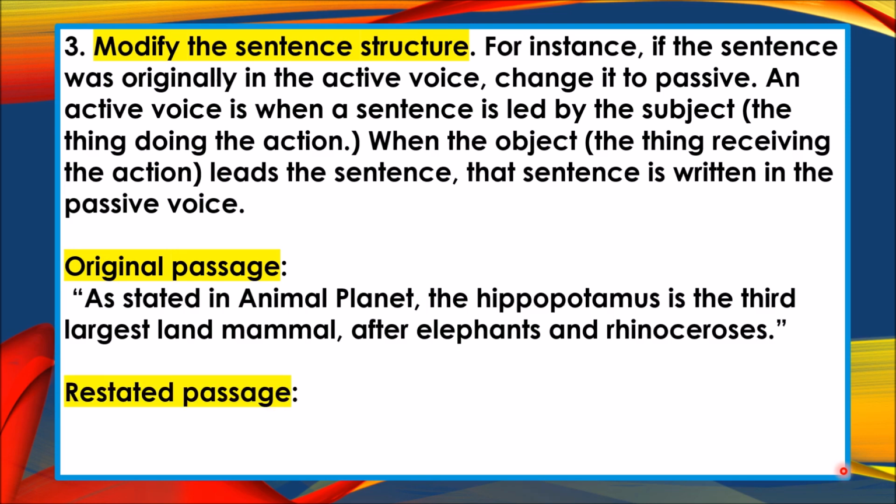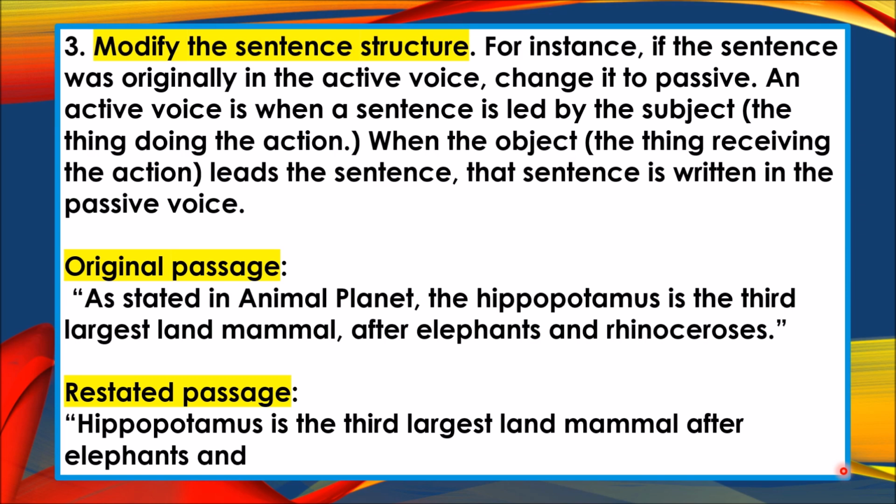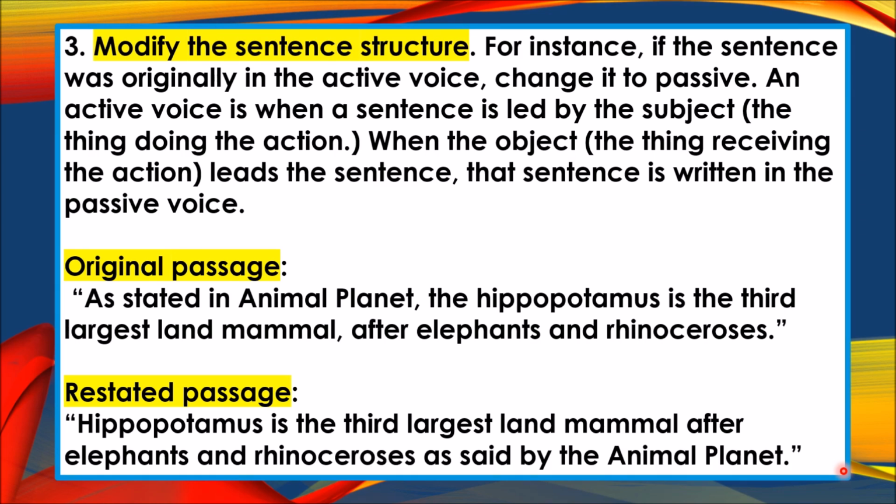For the restated passage, as you can see here, it started with hippopotamus is the third largest land mammal after elephants and rhinoceroses as said by the Animal Planet. Look at the difference between the original passage and the restated passage. As you can see, the original active voice becomes passive voice if it starts with the active, or vice versa. Okay?